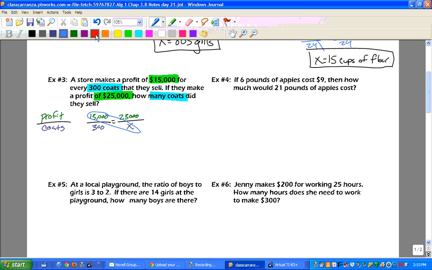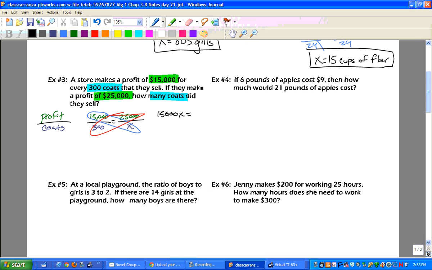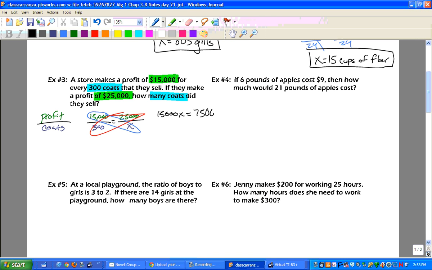All right, go into the cross multiplication here. 1,500x equals 2,500 times 300, which gives us 750,000. And how many zeros is that? 1, 2, 3, 4, 5 zeros.